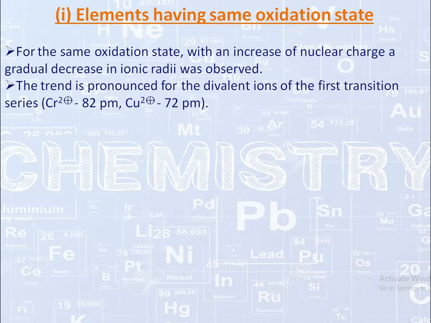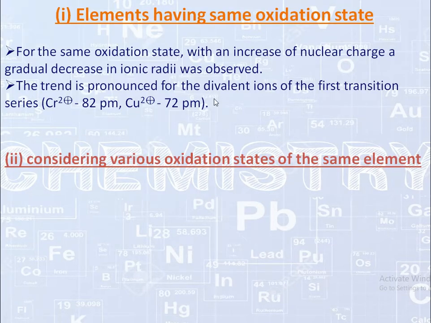For example, for the divalent ions of the first transition series, chromium 2+ is 82 picometer and copper 2+ is 72 picometer. So when we move from left to right in a series, the ionic radii decreases. Why? Because of the increase in nuclear charge.